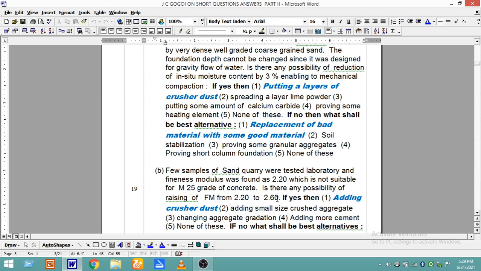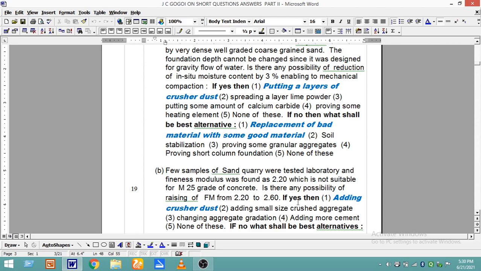Normally, where class 3 sands are not available, like in our Assam, in our northeast, normally Barak Valley, in Mizoram, in Nagaland, in those places the sands are class 4 sand, where fineness modulus is less than 2.